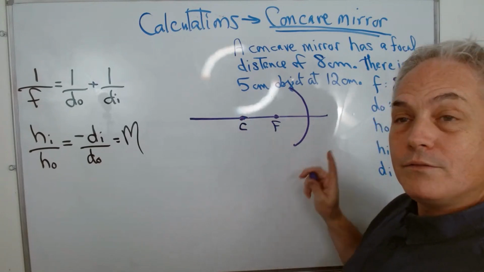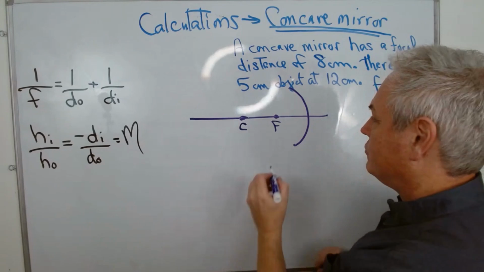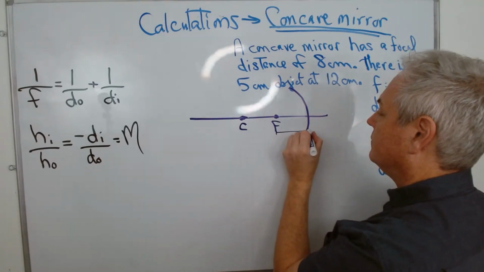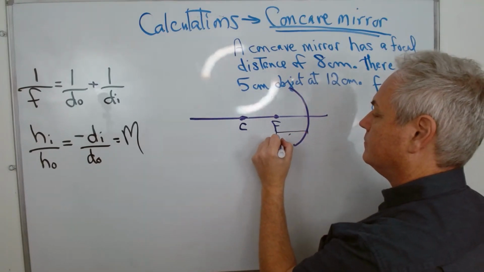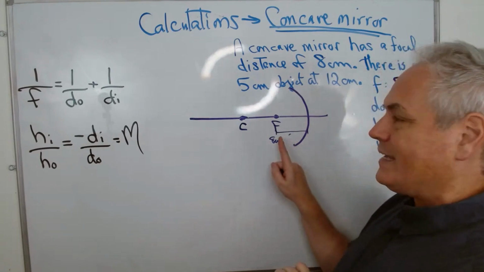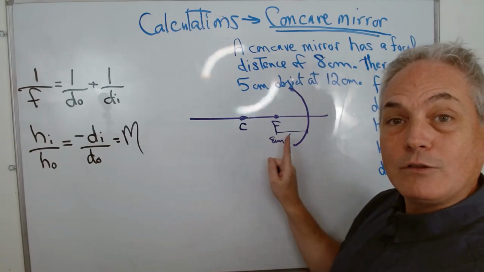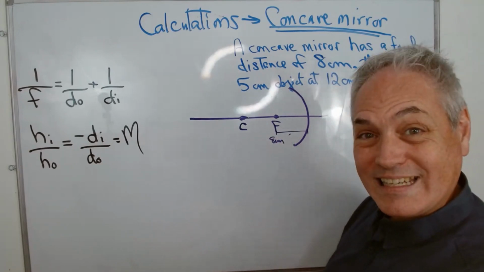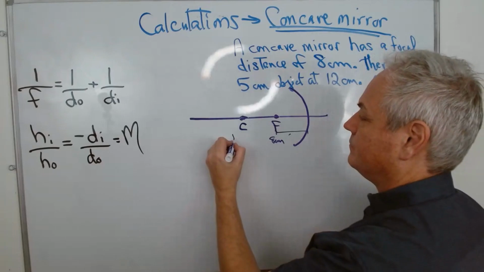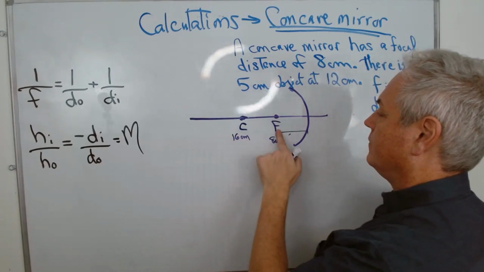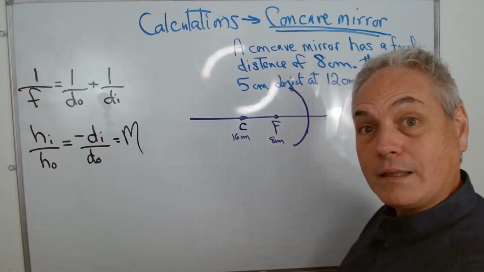We know that the focal point is at 8 centimeters. If this is at 8 centimeters, that means that the center of curvature is at 16 centimeters. Okay, so we know that much.